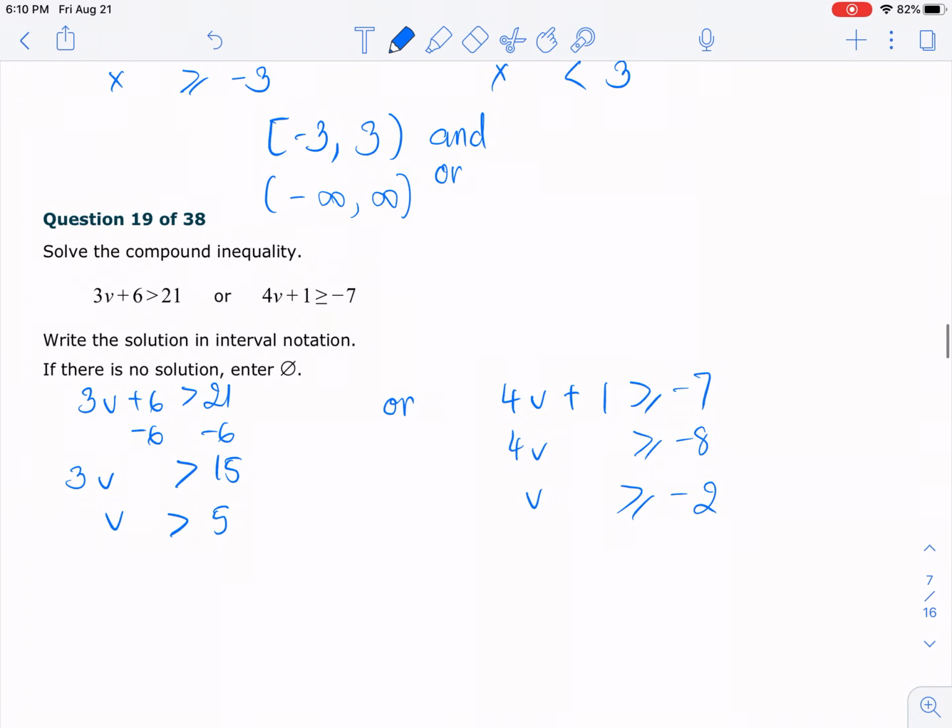All right, let's graph. I have negative 2 here and I have 5 here. For negative 2, it is included. For 5, it is open. Now, let's take a look at greater than 5, which is this way.